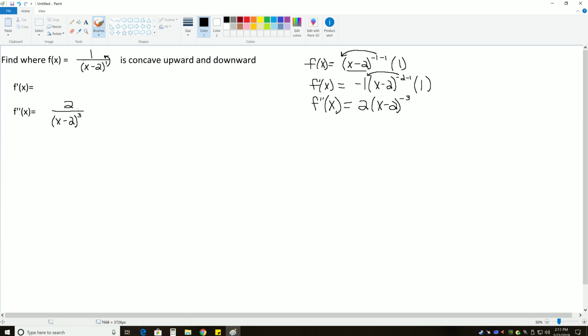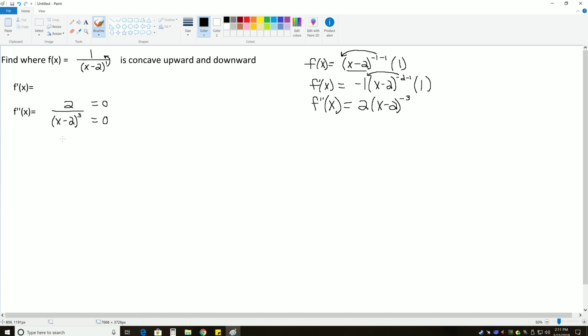And now that we have our second derivative, remember partition numbers come from when you set the top of your fraction equal to 0 or the bottom of your fraction equal to 0. This tells us where it's equal to 0 or does not exist, and those are the only values at which you could have a partition number. So the top in this case is just 2. 2 can never equal 0, so we don't even have to worry about that.